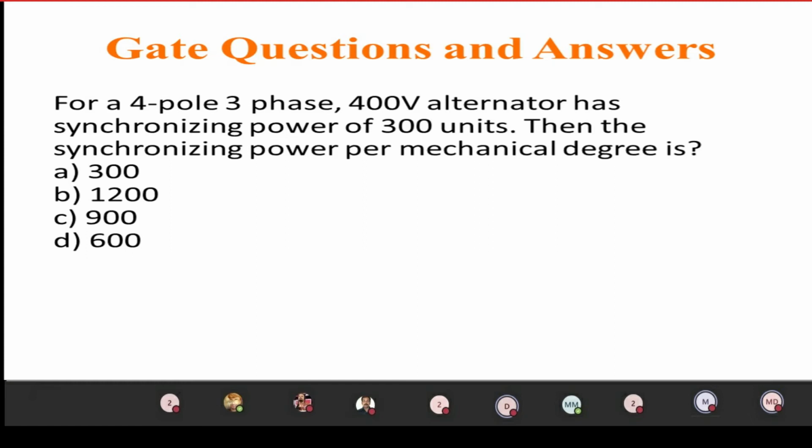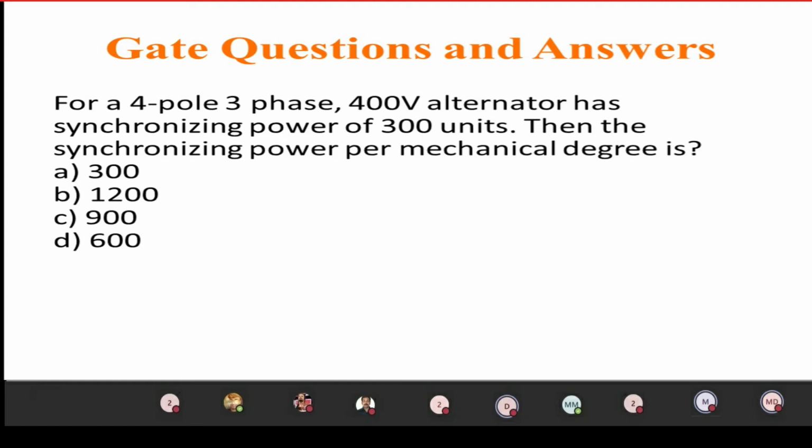For a four pole, three phase, 400-volt alternator has a synchronizing power of 300 units. Then the synchronizing power per mechanical degree is?